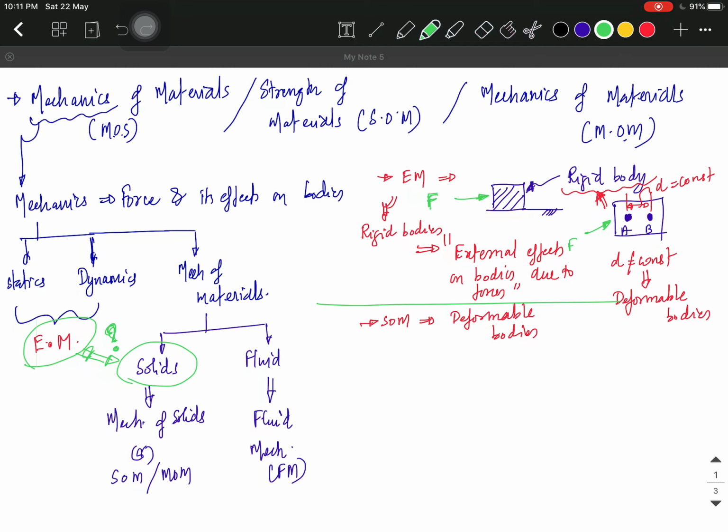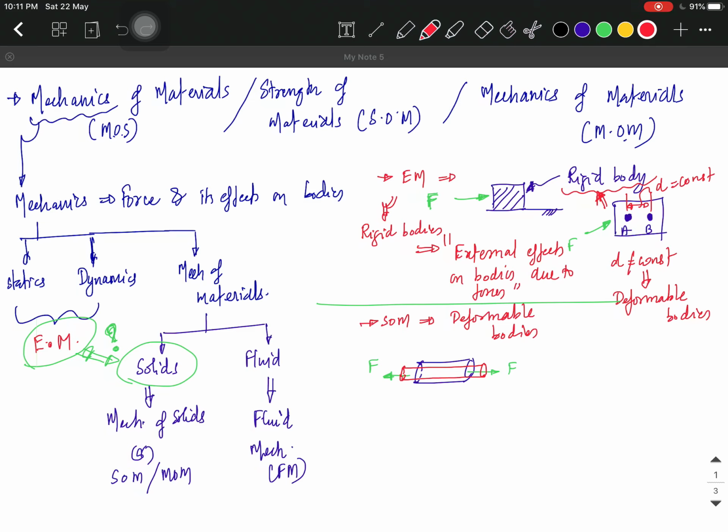Meanwhile, in the subject of strength of materials, suppose we have a body or a shaft like this, and upon application of some force F in this way, as this is a deformable body, its length gets increased, and at the same time its diameter gets reduced.